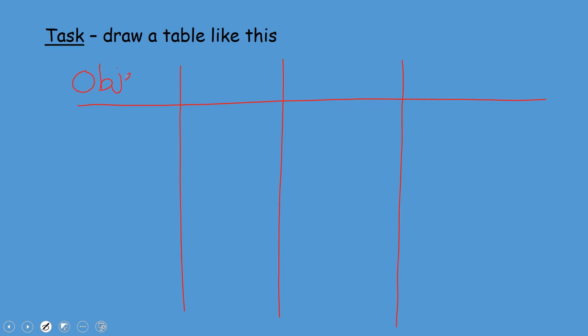So our first job today, we're going to draw a table. Nothing very fancy. Going to have 4 columns. So our first column is labeled object. That's the object we're going to be measuring.